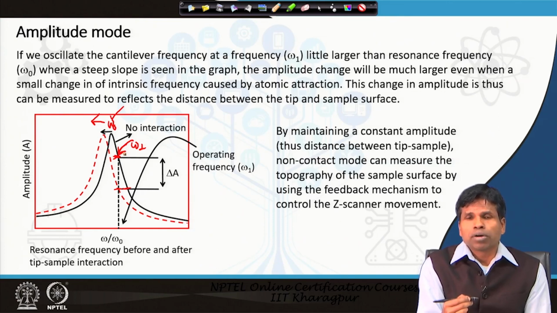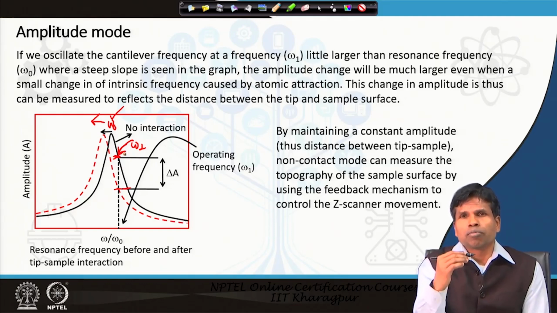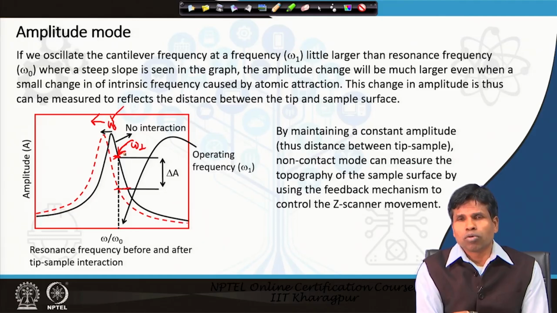In this way, either by taking the tip upward, or the cantilever, the complete probe upward, or the sample downwards, we can maintain a constant amplitude. And because the tip is going upward or the sample is going downward, by knowing the position of the probe or sample, we can create 3-dimensional features.